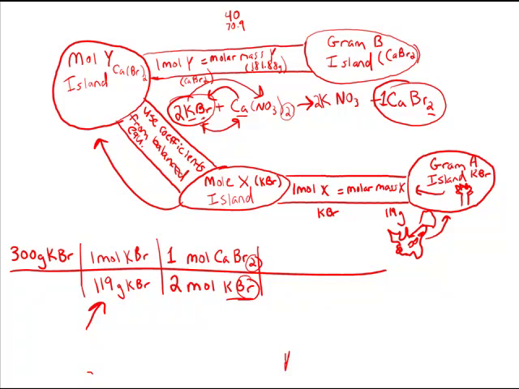Okay, so now we know those two are equal. If we have moles of calcium bromide down below and we don't want it, we need to get rid of that unit as well. So moles of calcium bromide. And we know with this ratio, that mole of calcium bromide is equal to grams of calcium bromide.